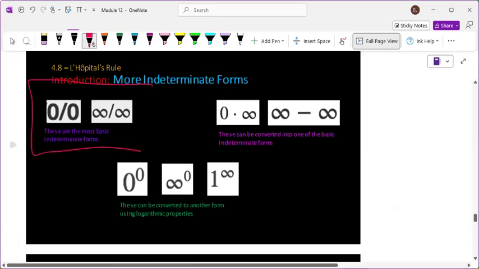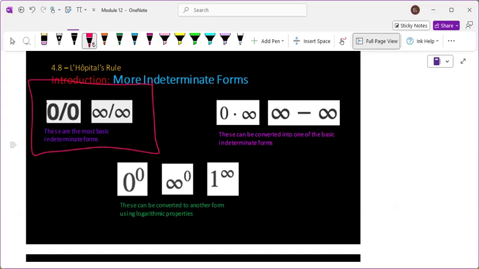All right, so 0 over 0 and infinity over infinity are like our best friends. Those guys we can straight up use L'Hopital right then. These other guys, we've got to mess around with. So if I get 0 times infinity, then I have to take one of the two pieces and flip it to the bottom of the fraction.